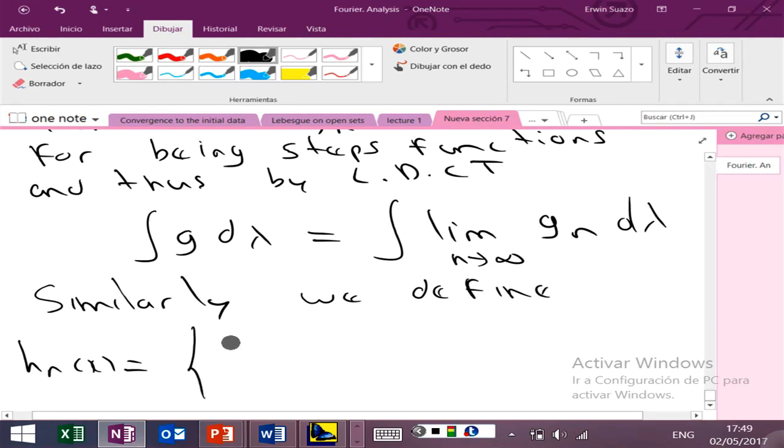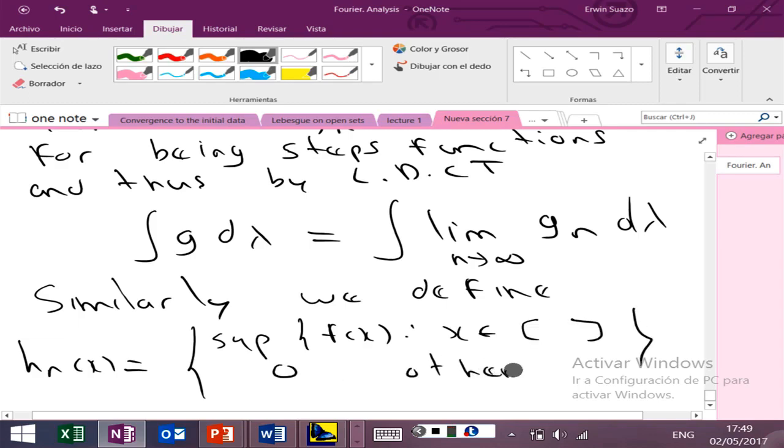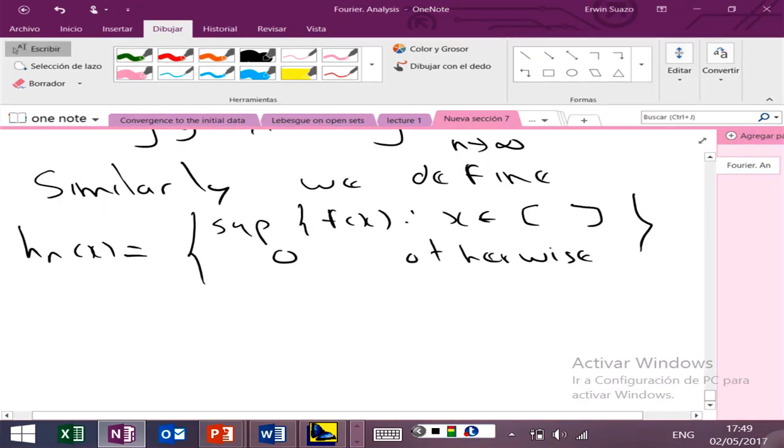I take the sup of f of x such that x is in the interval, and 0 otherwise. Of course, because I take the sup now instead of the inf, I have h_n of x is bigger or equal to g_n of x.